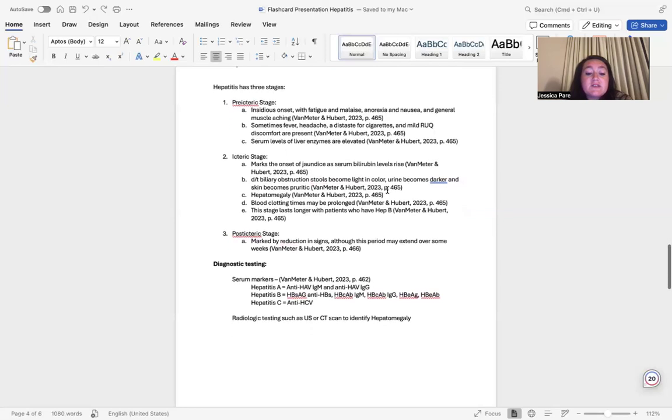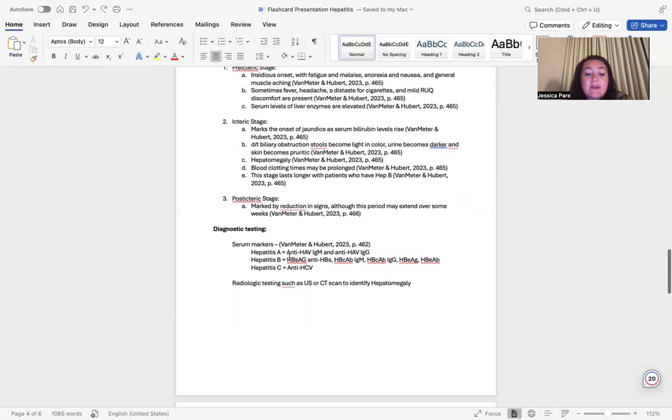Specific diagnostic testing for hepatitis would be specific serum markers identified here. Hepatitis A would be anti-HAV IgM and anti-HAV IgG. Hepatitis B would be HBsAg, anti-HBs, HBcAb IgM, HBcAb IgG, HBeAg, HBeAb.